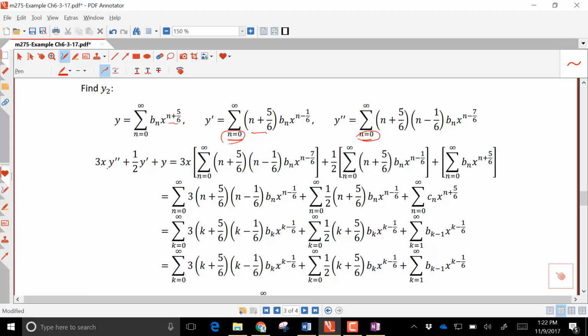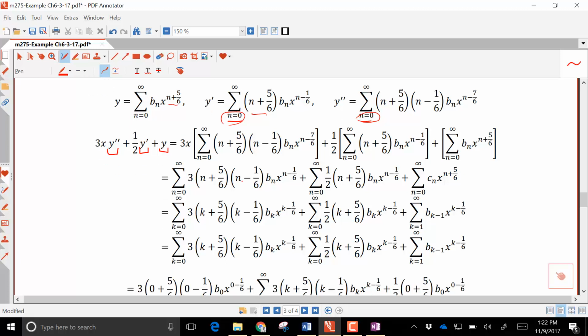All right, now let's drop it into those places where you have the function, the derivative, and the second derivative. So we have 3x times the second derivative plus 1/2 times the first derivative plus the original function. Now let's incorporate the 3x. The 3 comes in, and here we multiply the x to the n minus 7/6 times x.